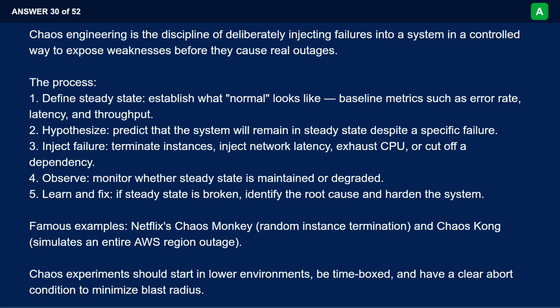If steady state is broken, identify the root cause and harden the system. Famous examples: Netflix's Chaos Monkey, random instance termination, and Chaos Kong, which simulates an entire AWS region outage. Chaos experiments should start in lower environments, be time-boxed, and have a clear abort condition to minimize blast radius.